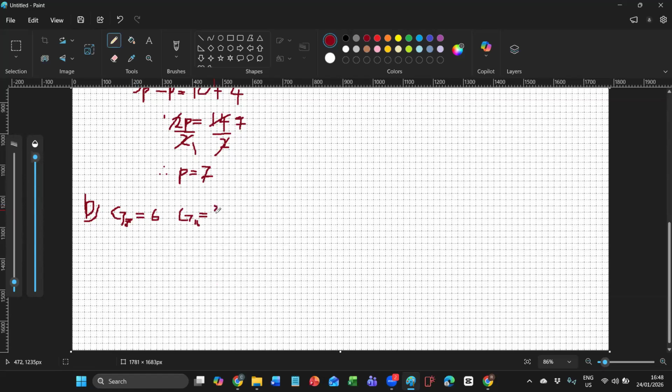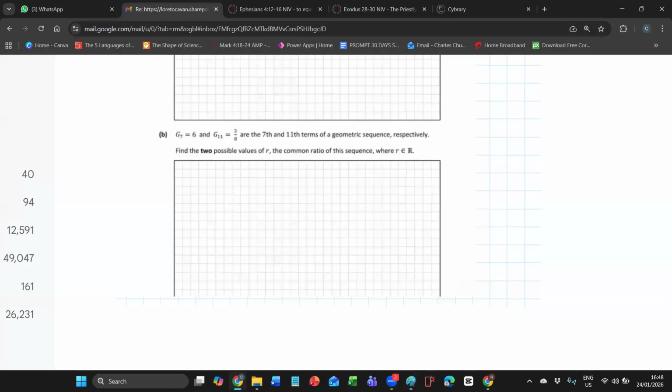Alright. So what is the question? Maybe we find the common ratio. So what did it say? The 7th and 11th terms of a GP, a geometric sequence, respectively.